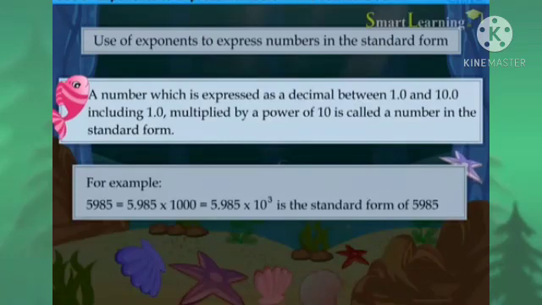For example, 5,985 is equal to 5.985 into 1,000, which is equal to 5.985 into 10 cube, the standard form of 5,985. We can write very large and very small numbers using this method.